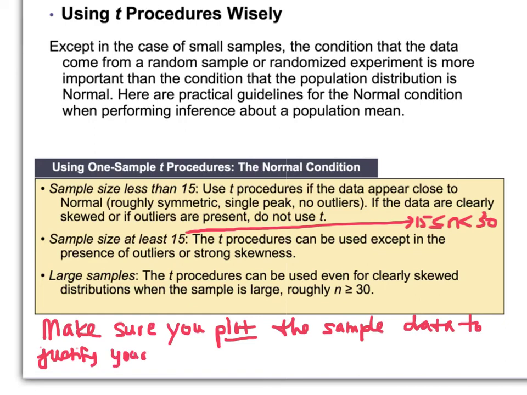Okay? You can't just say, oh, well, I looked at the plot on my calculator and I can assume it's normal or it's sufficiently close to normal. You must provide visual evidence for the reader, and that will come in the case of plotting your sample data, box plot, dot plot, something like that.